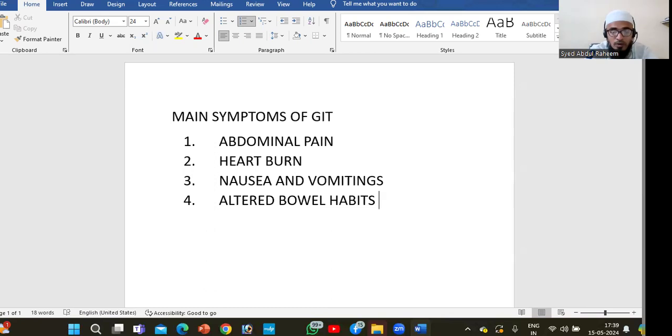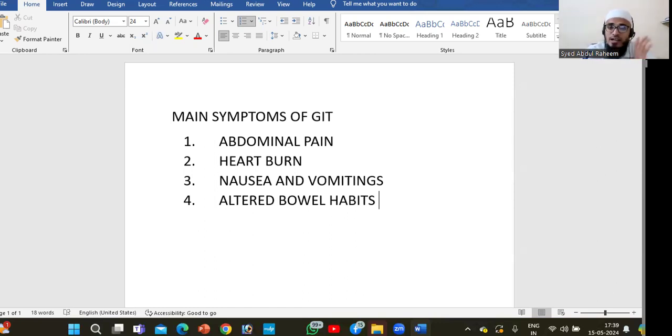Why does this happen? Sometimes the fecal matter does not evacuate completely. Sometimes there are hard stools, sometimes you need to strain during defecation, or sometimes there is passage of loose and watery stools.